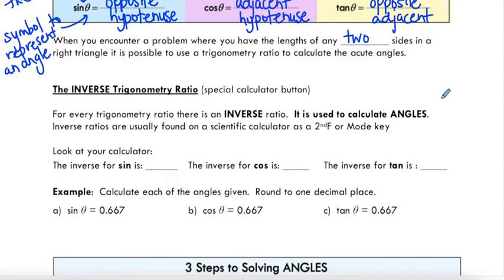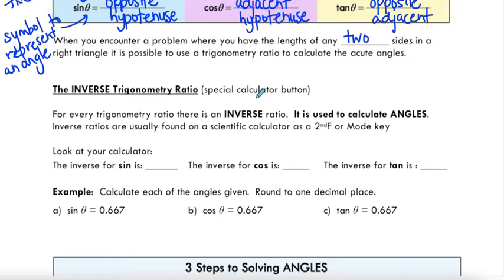If you are using an iPhone as your scientific calculator, when you press the shift button, you can access those inverse buttons as well. So for every trigonometry ratio, there's an inverse ratio. Remember when we talked about solving equations, we looked at opposite operations. So this inverse ratio is like our opposite operation.